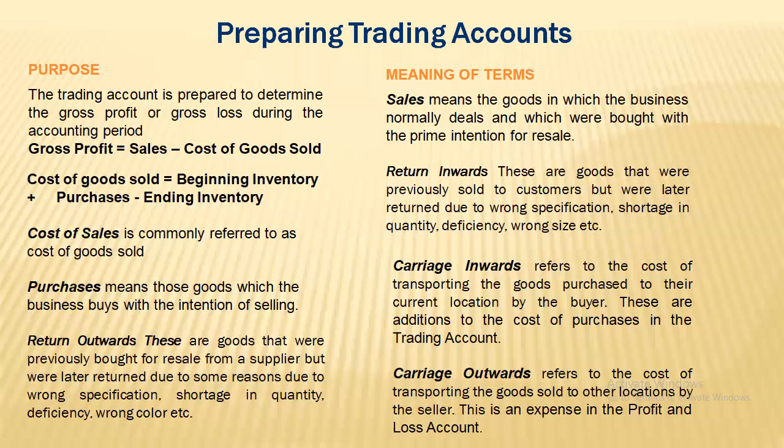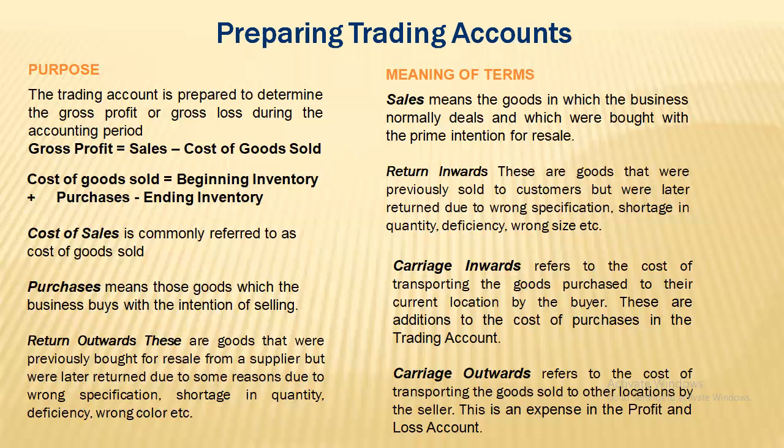The beginning inventory is what you have at the beginning of the year. For example, we had inventory from last year that we did not sell. That particular inventory will be transferred to the current period, and any other purchase that has been made in the current period will be added to the closing inventory of the previous period. Then we'll deduct the inventory that we have at the end of the year. So using that simple calculation, you'll be able to determine your cost of sales.